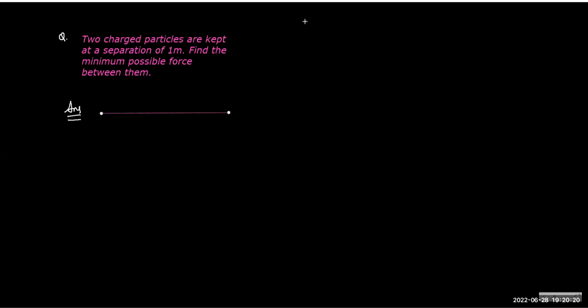I mean, it's a puzzle. It's not physics, it's just a puzzle. Can you solve this puzzle? We can directly put it in the formula. Yeah, tell me the answer. 9 into 10 raised to 9.